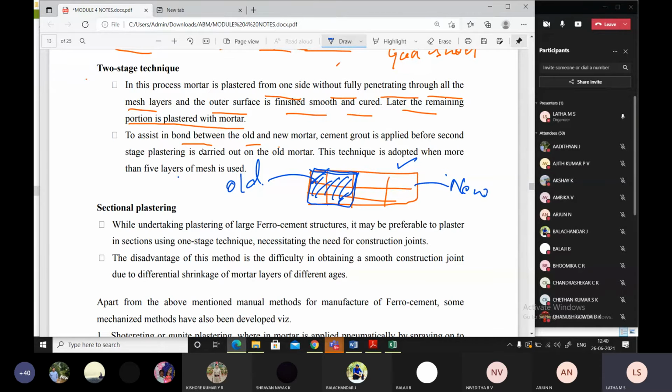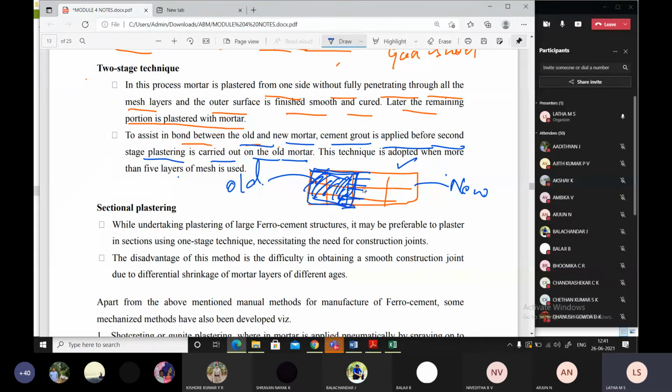So in order to assist the bond between old and new mortar, cement grout is applied before second stage plastering is carried out on the old mortar. Okay, cement plastering is done. If you want to increase the thickness of the plastering, you have to add some amount of mortar, or you have to do grouting.